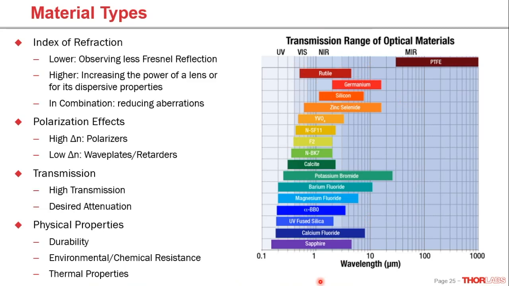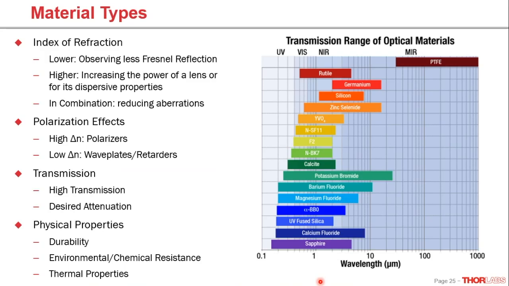And in most cases, we're looking for as high transmission as possible for the system, but there are situations where we actually want to attenuate the light, and there are a variety of different materials that allow us to do that. Some colored glasses allow us to more selectively choose spectral regions, similar to a bandpass or other features that may occur, as well as some that attenuate broad wavelengths of light more uniformly.